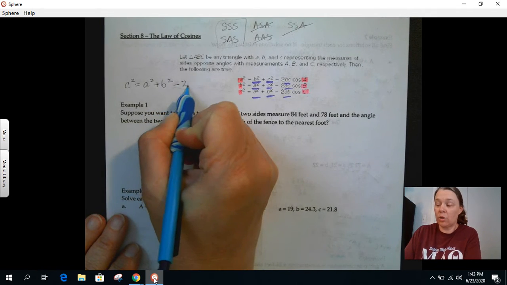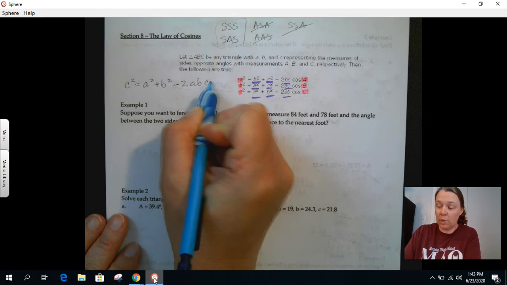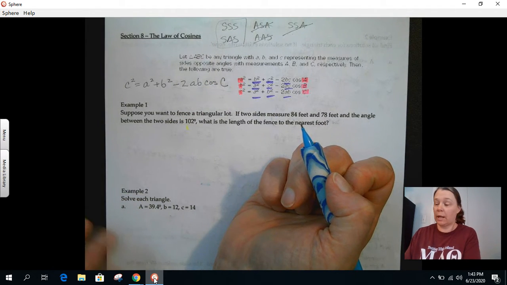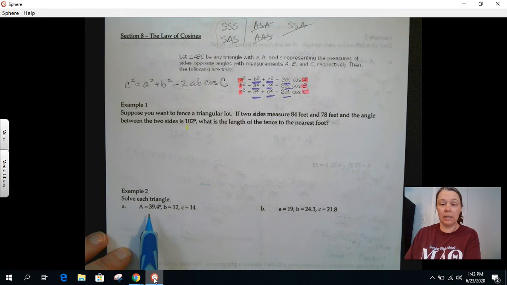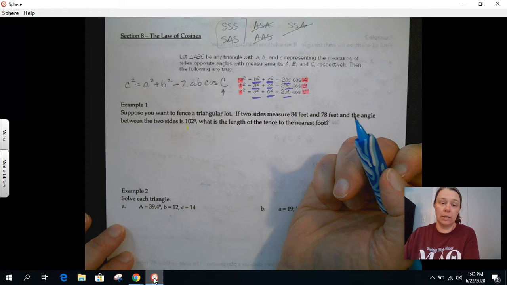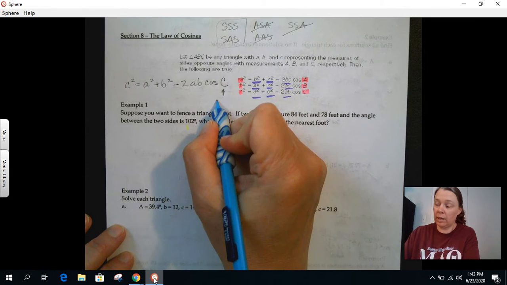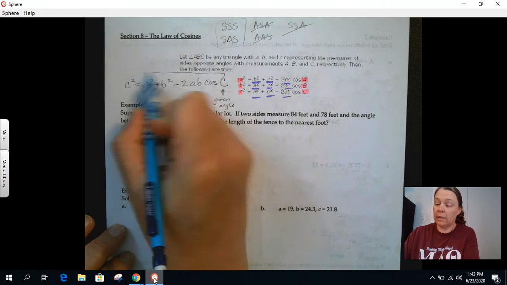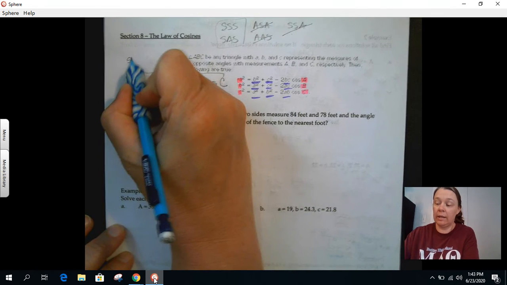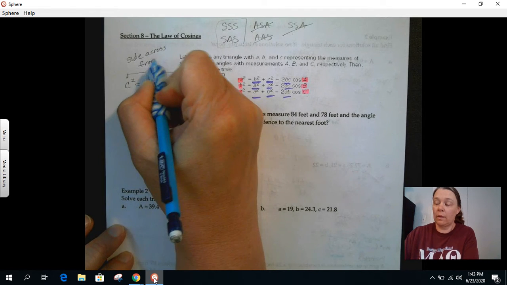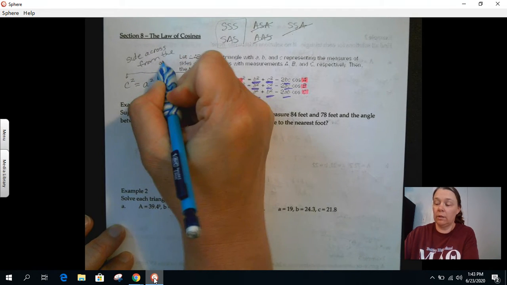And then that -2AB times the cosine of C. Now, when you're using the rule, though, because sometimes the angle I'm given isn't C, we just always rename whatever our given angle is as C. So this C is our given angle. This little c is always the side across from the given angle.